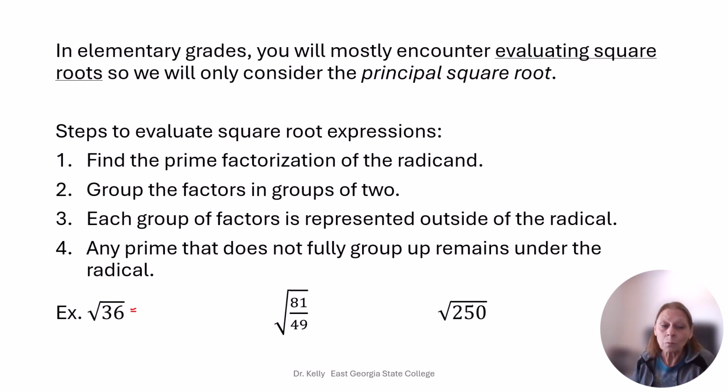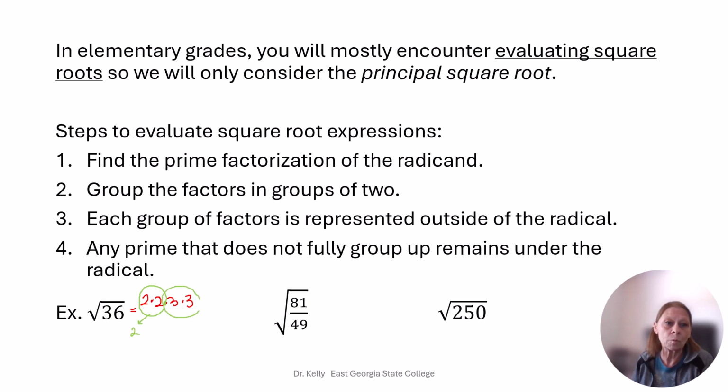36, if we were going to find the prime factorization of 36, 36 is 4 times 9, so this is 2 times 2 times 3 times 3. And because we're dealing here with square roots, we're going to pull them out in groups of 2. So there's one group of 2 2's. That's going to come out of the radical as 2.